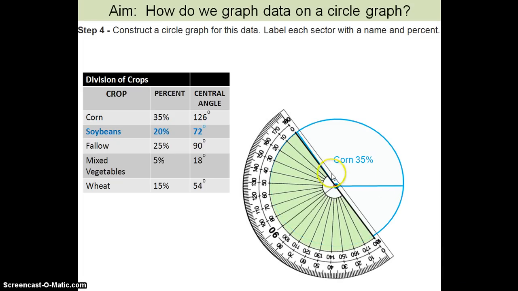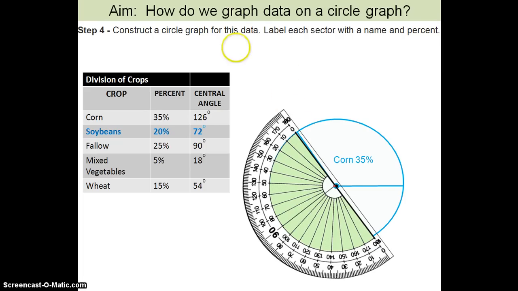This time we're going to turn the protractor around. The center of the protractor is at the center of our circle. Our baseline this time needs to be lined up with the outside radius that we used for the corn. So we started with this one, and we're going to go around counterclockwise to do the next wedge. The next central angle measure is 72 degrees.